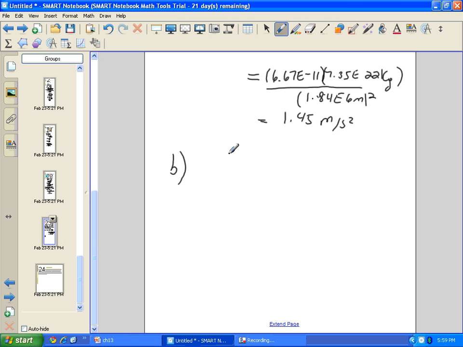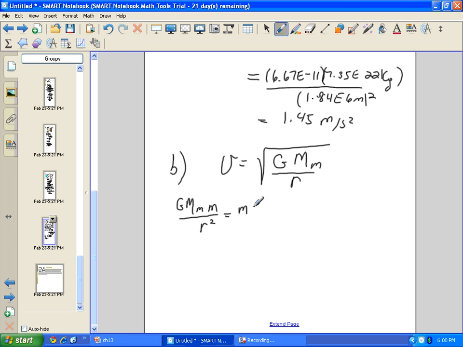Here, if you recall, V is equal to the square root of capital G, universal constant, this time mass of the moon, because the CSM is going in orbit about the moon, divided by R. And if you can't remember how we came up with this expression, let me once again remind you, big G, mass of the moon, mass of the command module, the CSM, divided by R squared equals mass of command module, V squared over R. And of course, masses cancel here.